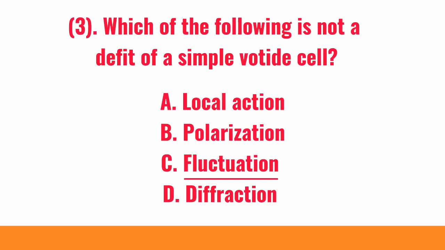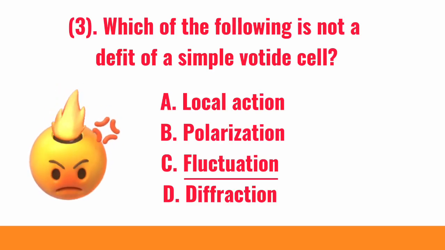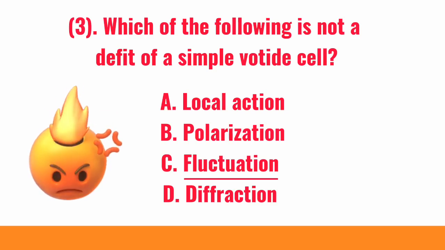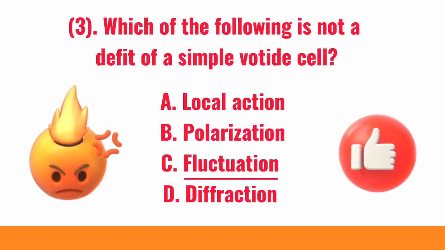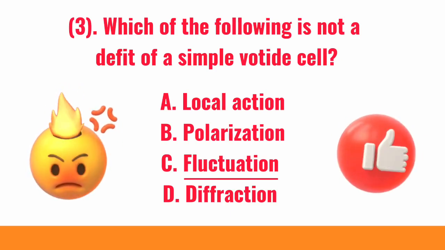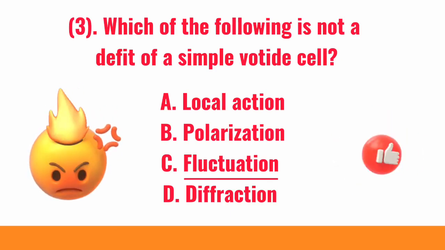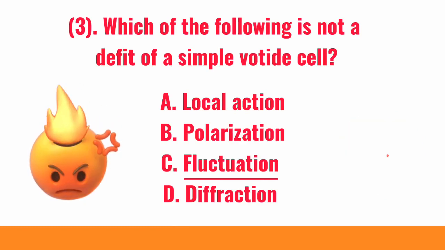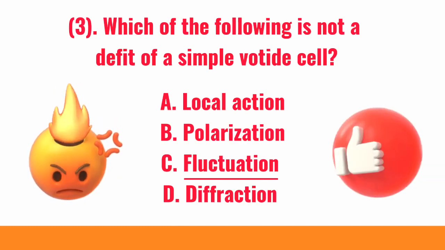The simple ones are the primary cells, and we can also have secondary voltaic cells. A simple voltaic cell can only have two defects, which are polarization and local action. The options are A local action, B fluctuation, C polarization, D diffraction. Diffraction is not a defect, but it is a property of waves.